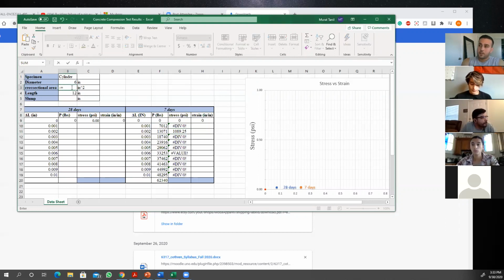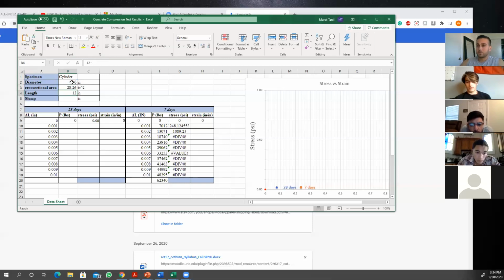And for cross-sectional area, I know it is pi times d squared over 4. So pi is 3.14 times diameter is 6, over 4.